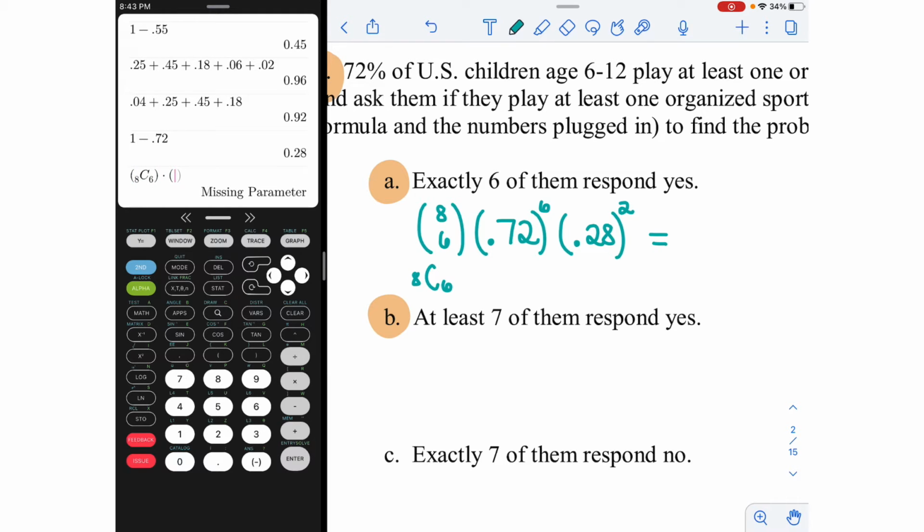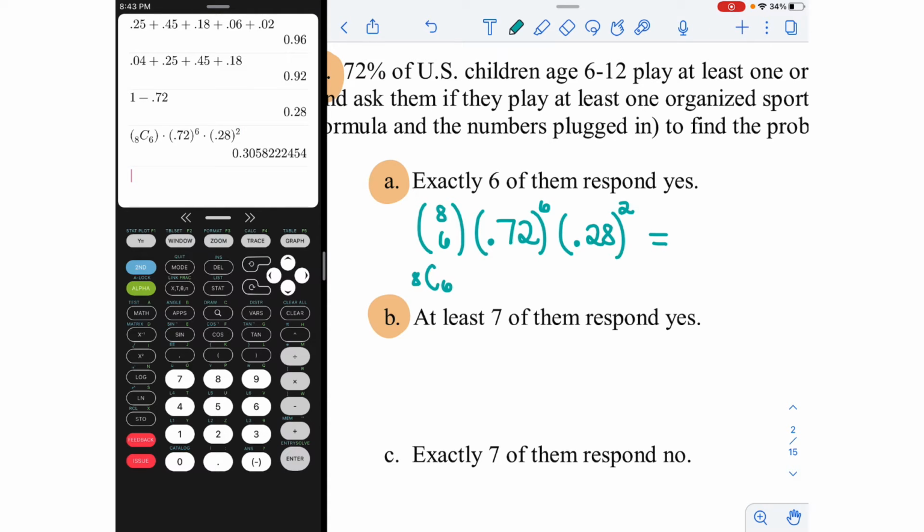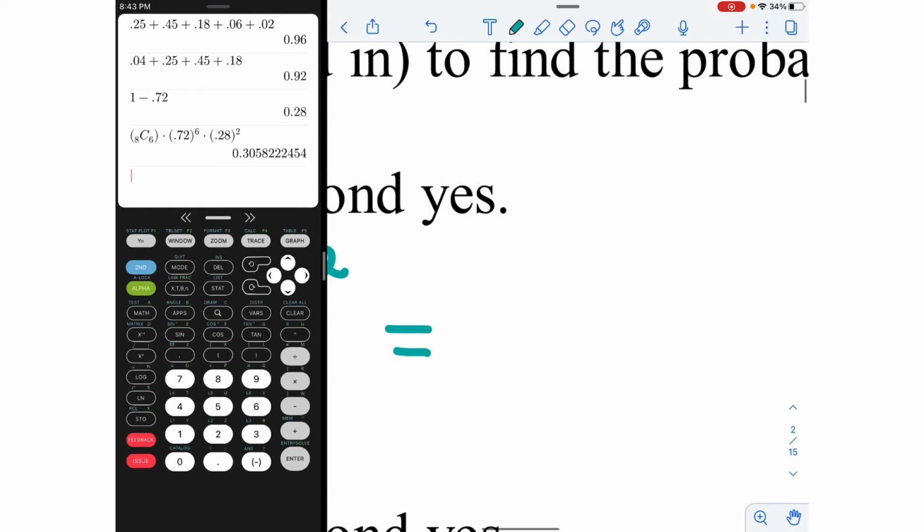Times 0.72 to the 6th times 0.28 to the 2nd. That's where we get our answer, 0.3058. And that is the answer.